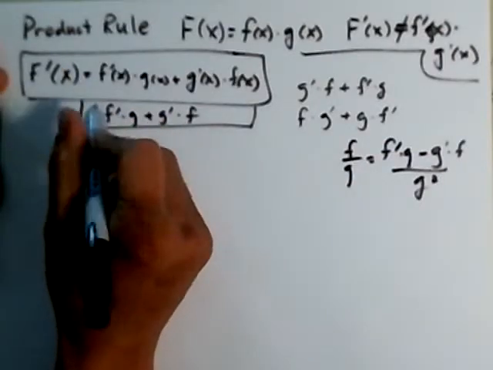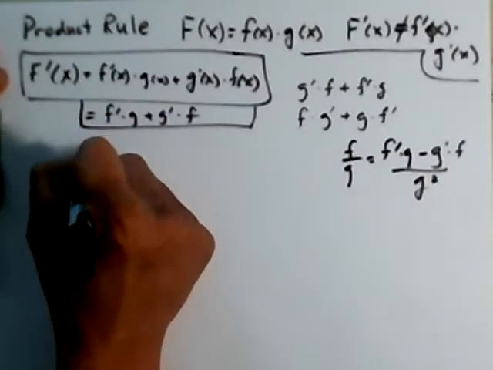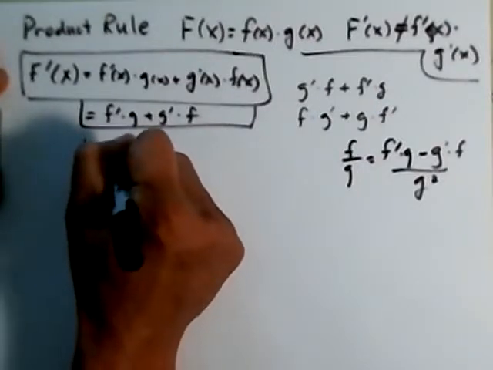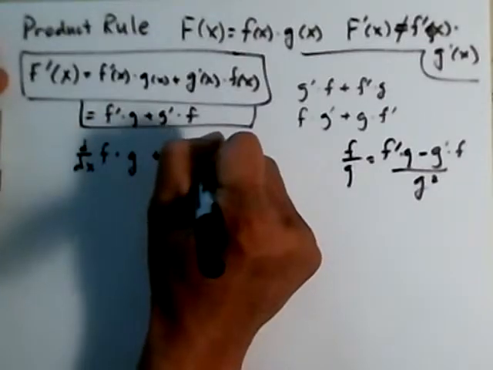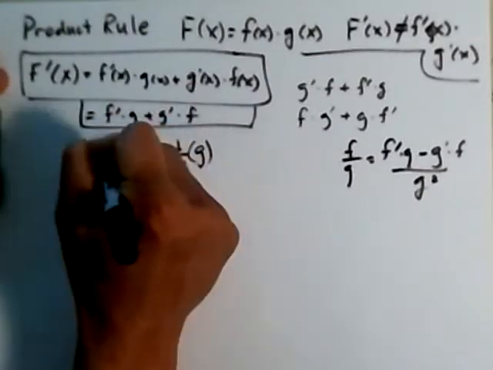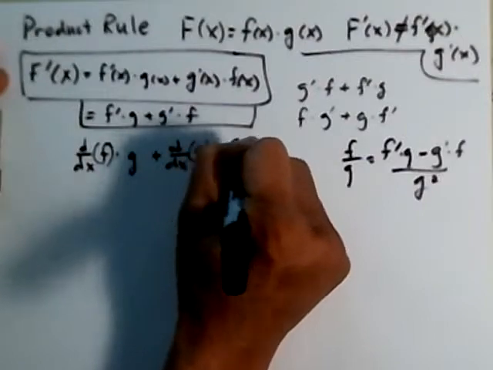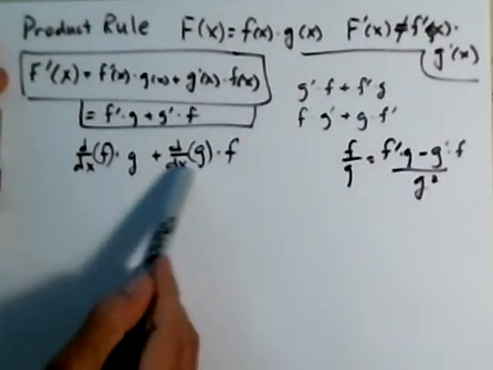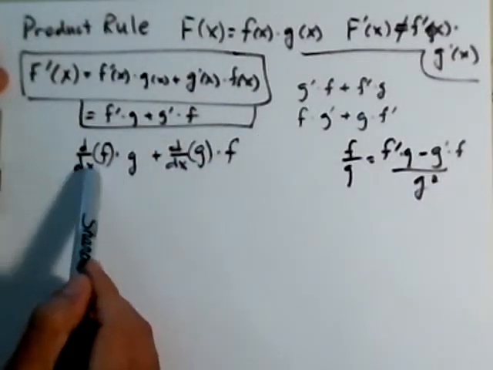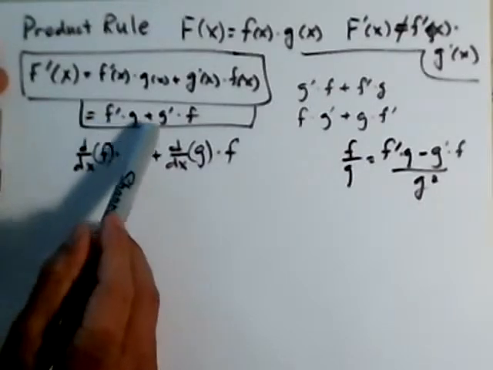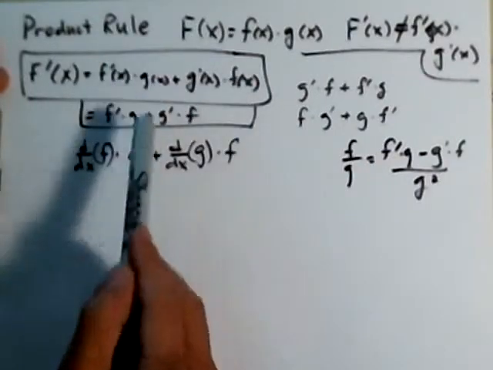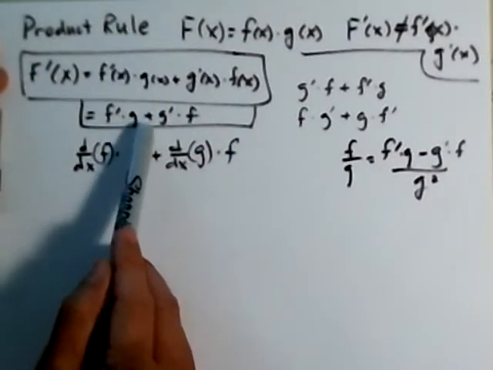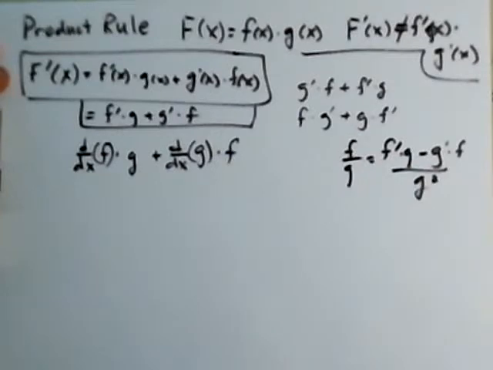Sometimes they write it this way: d over dx of f times g plus the derivative with respect to x of the g function times the f function. A lot of books write it as the derivative of the first times the second plus the derivative of the second times the first. So this means the same thing, this means the same thing, this means the same thing. You memorize it this way, and the quotient rule will become a lot easier to handle.